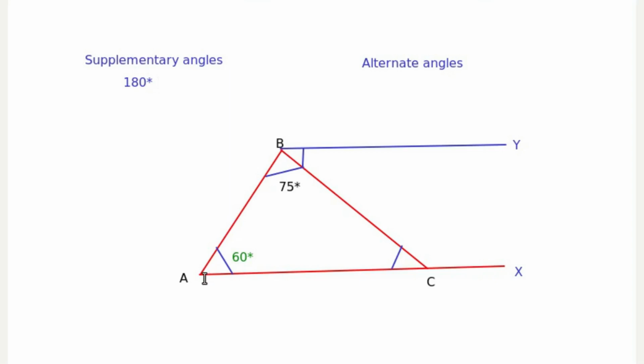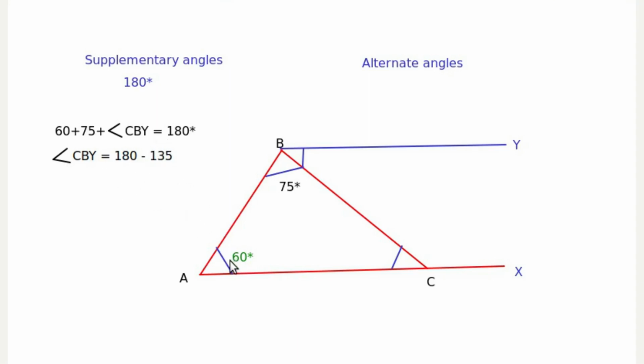Once again I say, when you add angle A 60 degrees plus angle ABC, this 75 degrees, plus this CBY, these three angles add up to 180 degrees. So angle CBY is equal to 180 minus 135, that is 60 plus 75 is equal to 135.